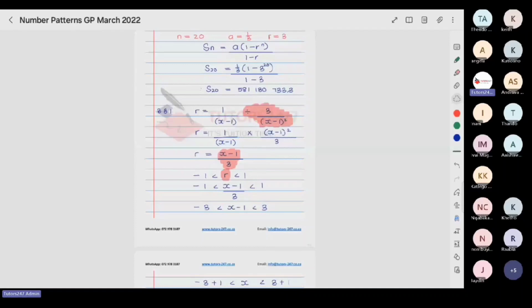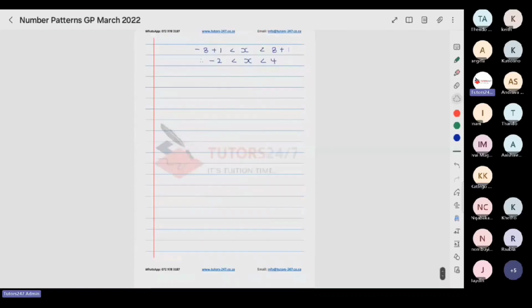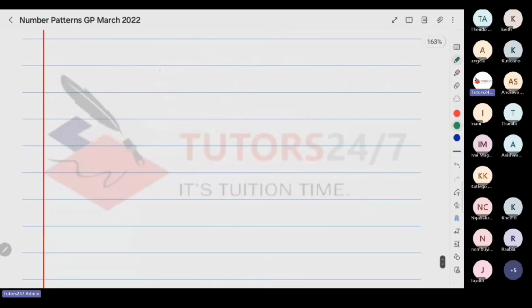What you do in such a case is you find r, and then you substitute r into that convergent formula. Let's say you found that r was a half. To finish up, all you say is therefore negative 1 is less than a half, which is less than 1, and you're done. In place of r, you substitute the value of r. That is you showing or proving that this is a convergent geometric sequence.